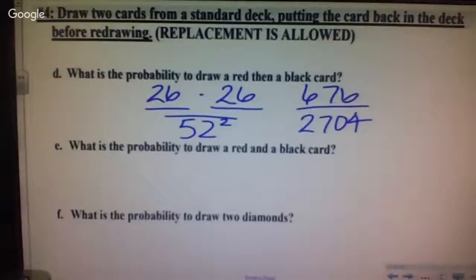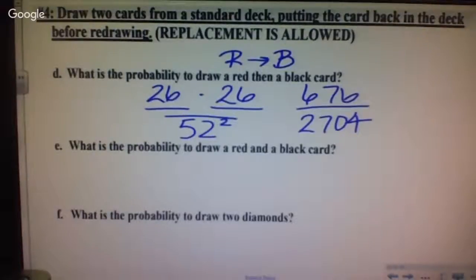Take a look at the difference between D and E. Okay, you want to draw a red, then a black card. It says "and" there. There's a difference between "then" and "and." So when I'm talking "then," that means I want red followed by a black.